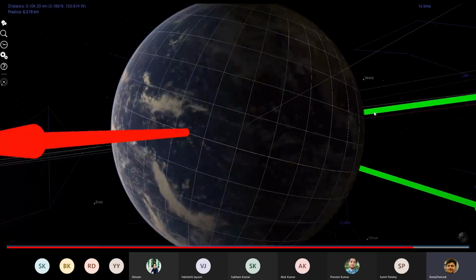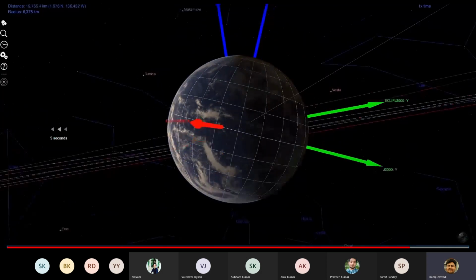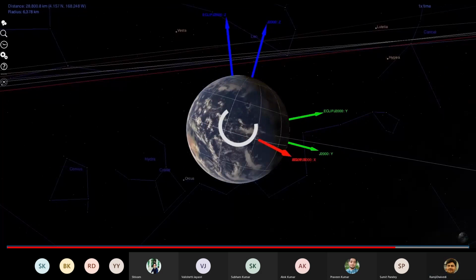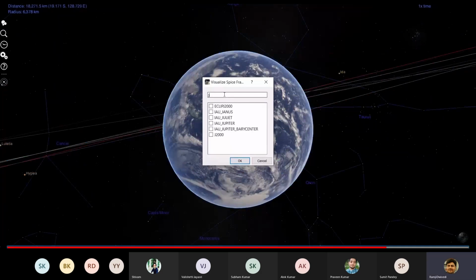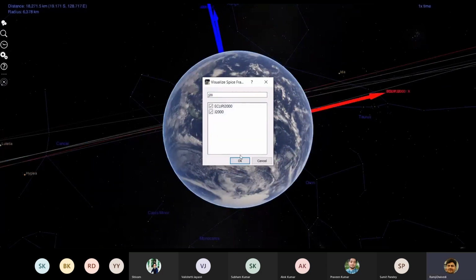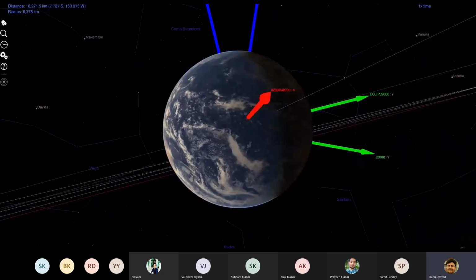This is the ecliptic line. Just for your understanding, see how the two frames are selected: one is ecliptic, another is inertial.